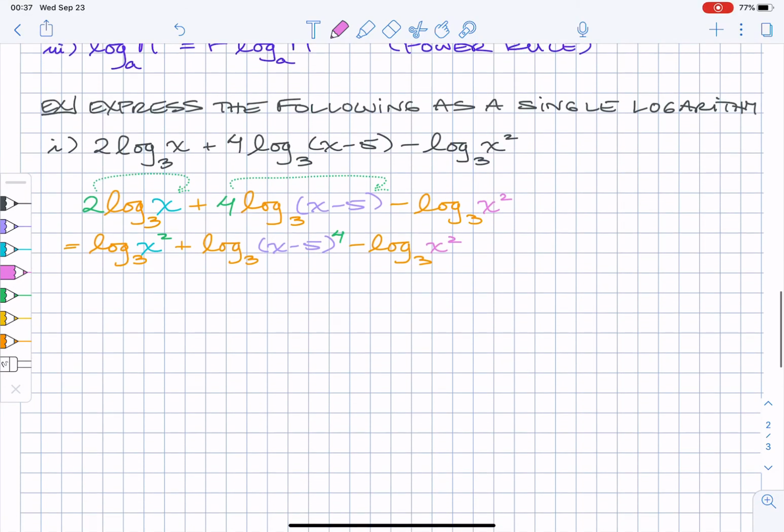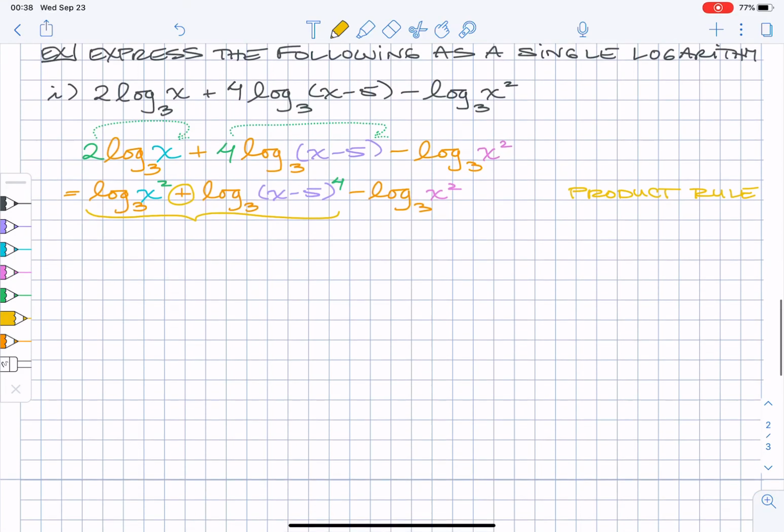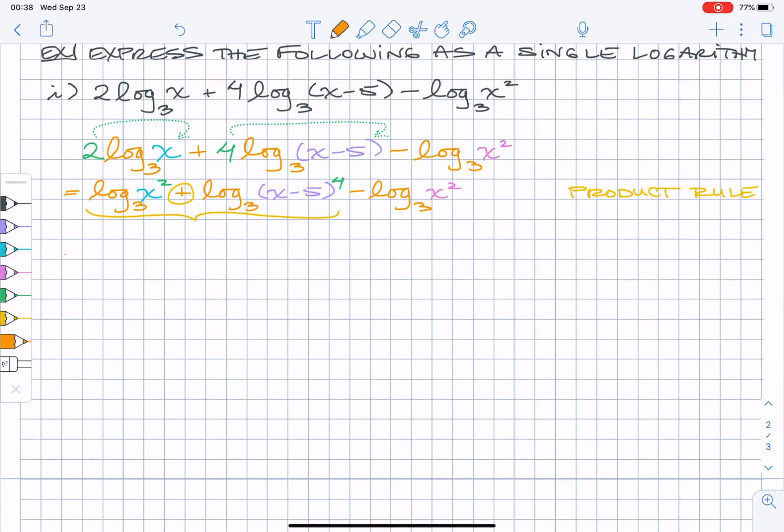Okay, so now let's do the product rule for these two guys. So here, I'm going to use the product rule because there's a sum in between those two. So this can now be written as log.